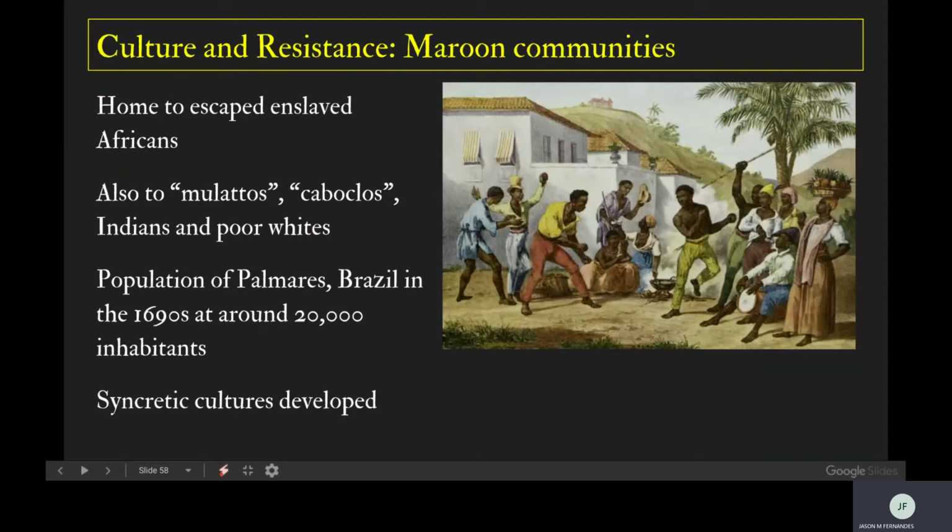Okay, and oftentimes it's not just African Americans who are coming to these places, right? It's other people who are being discriminated against as well, right? Native peoples, sometimes even poor, exploited European Americans too. Right? And of course, with this, you're going to get these syncretic cultures developing too.